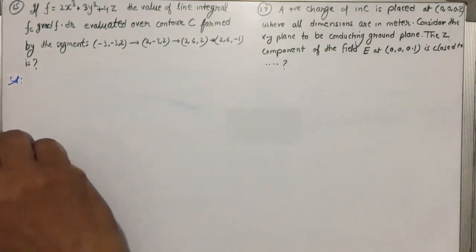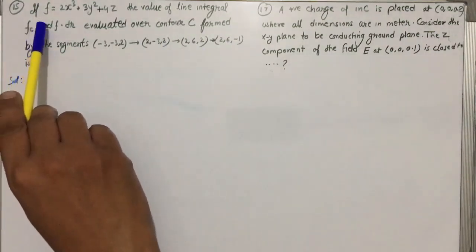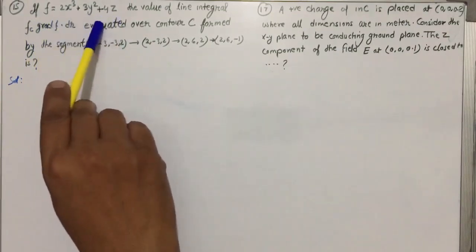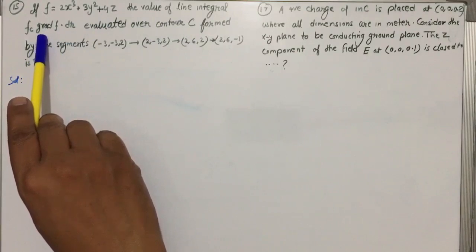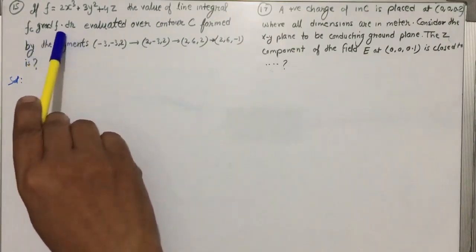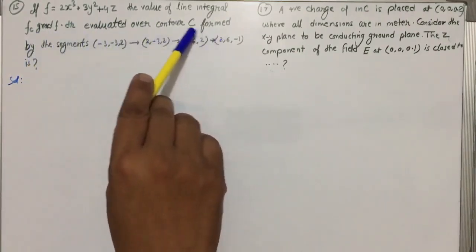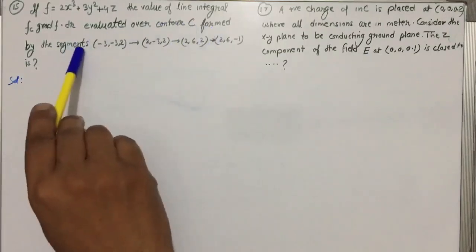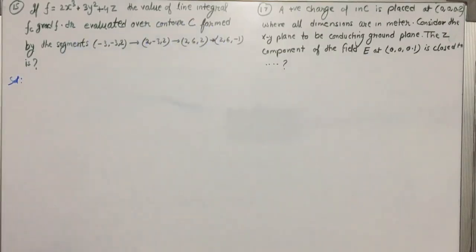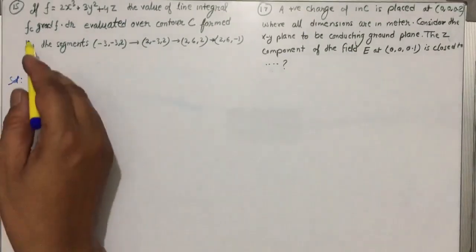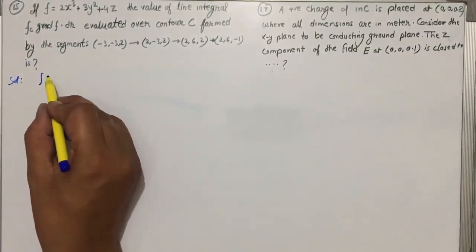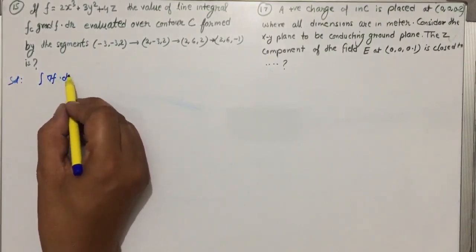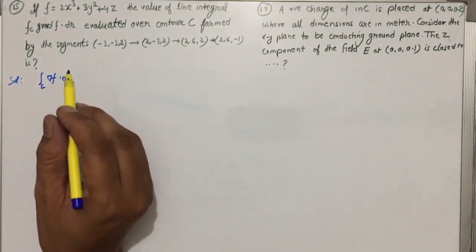Now the next problem is problem number 15. If the function is given here, we have to evaluate the line integral over contour C, which is formed by these segments. So according to the problem, we have to find the gradient of f dot dr for the full contour path.